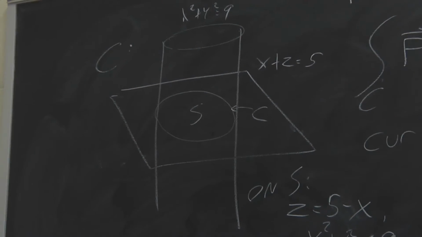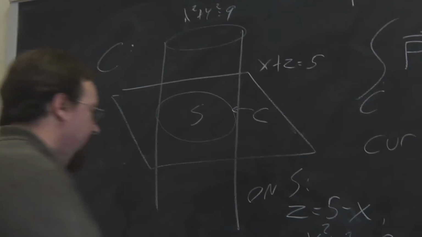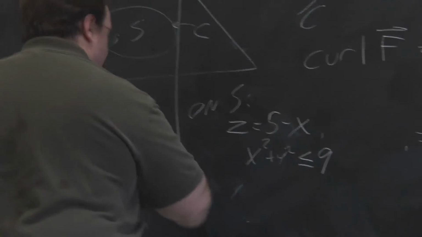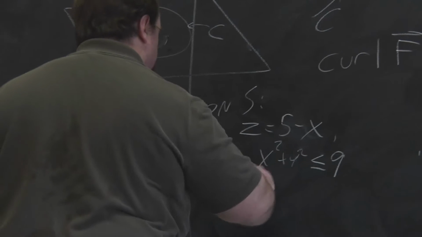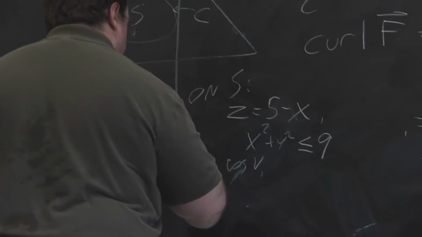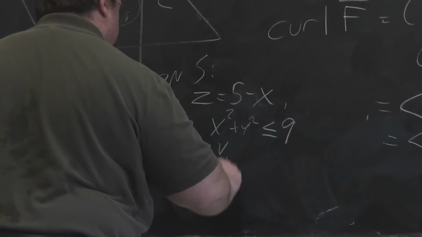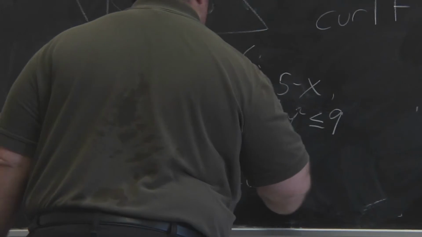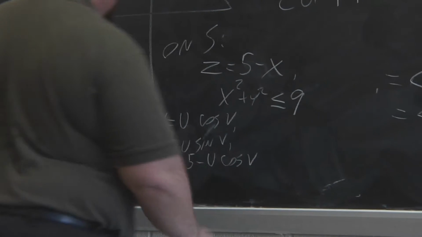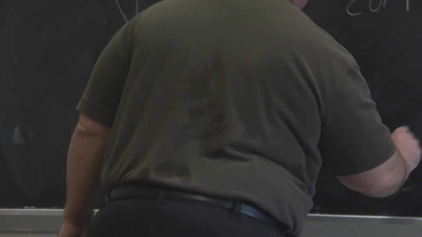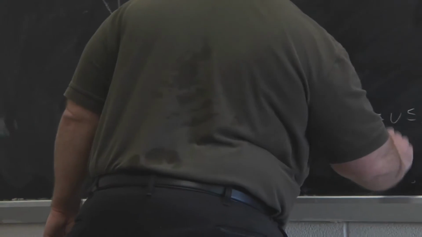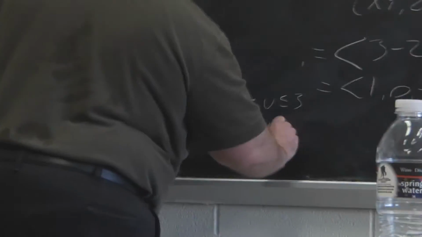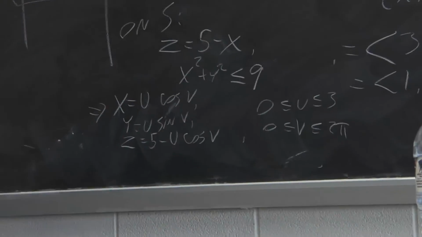All right, so the way we can parameterize this surface is as follows. We can let x be equal to u cosine v, y is u sine v, and z is equal to 5 minus u cosine v, 5 minus x, where u runs from 0 to 3, and v runs from 0 to 2 pi.